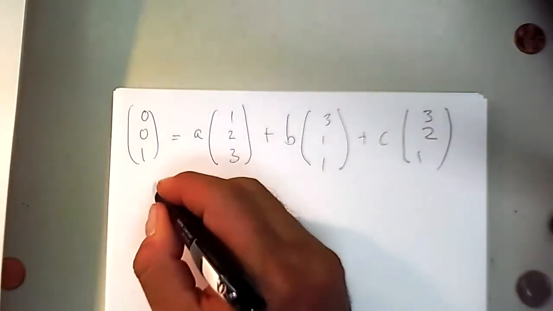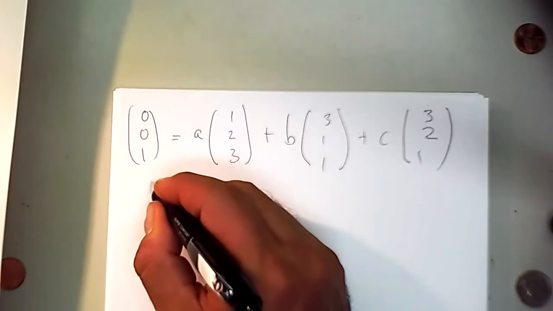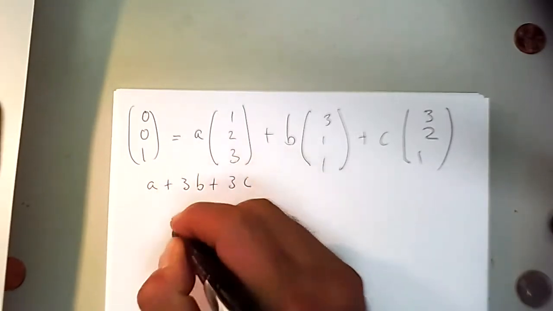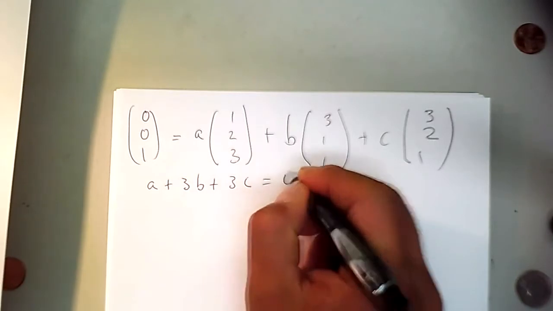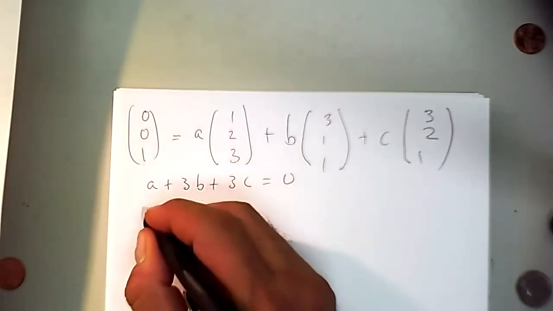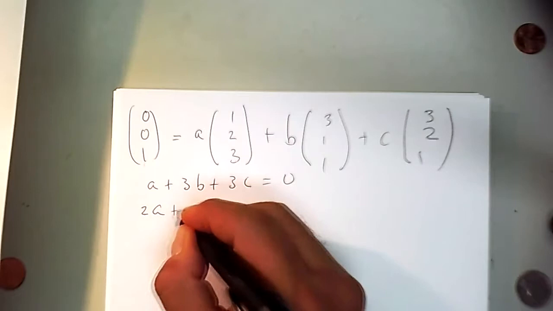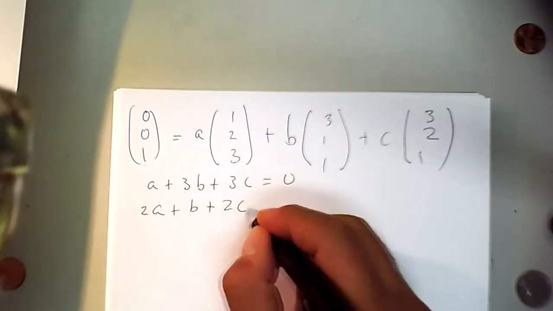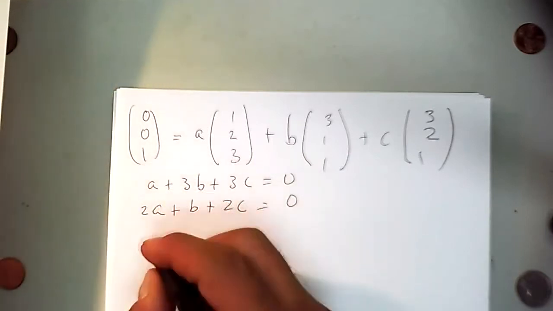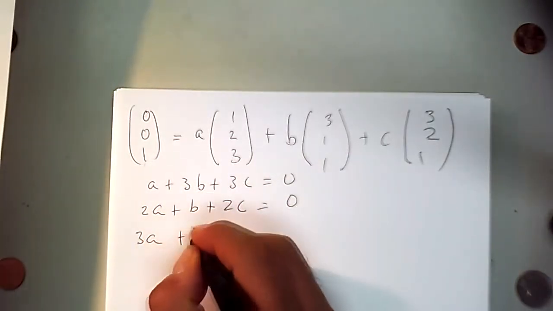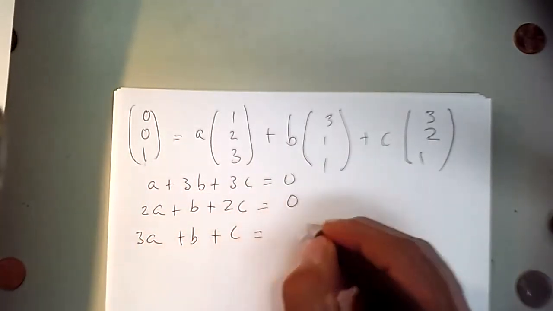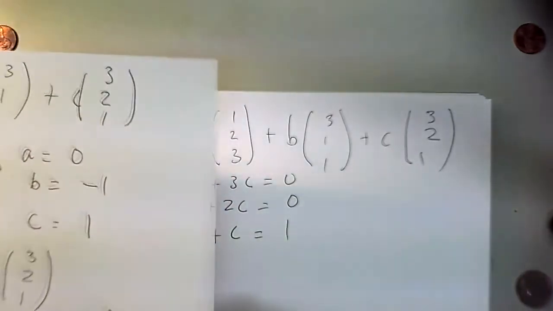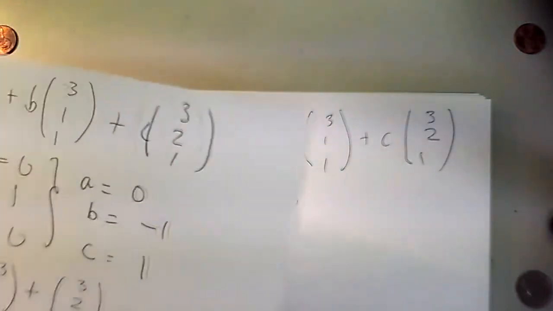So as in the other examples, we want a plus 3b plus 3c equal to 0, 2a plus b plus 2c equal to 0 again, and 3a plus b plus c equal to 1.